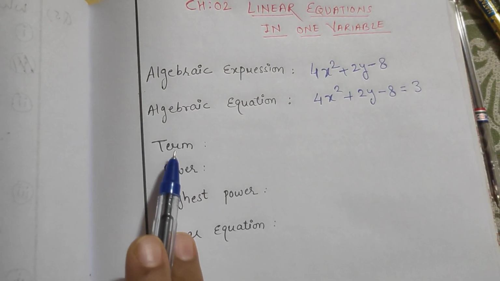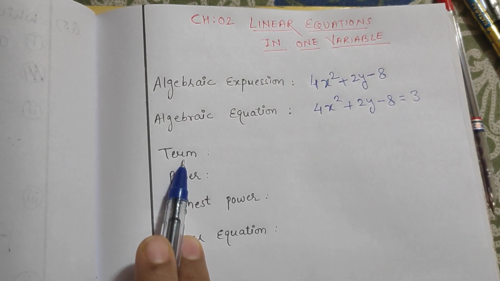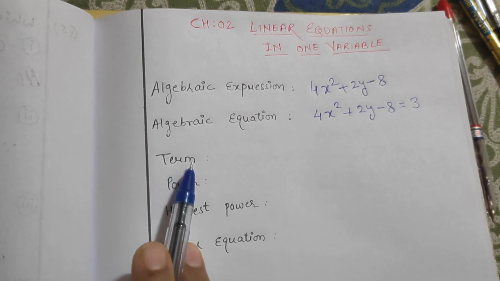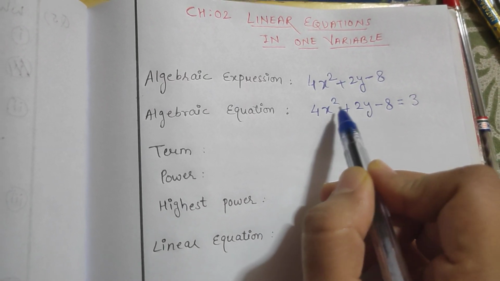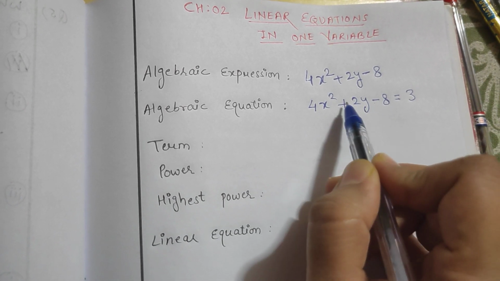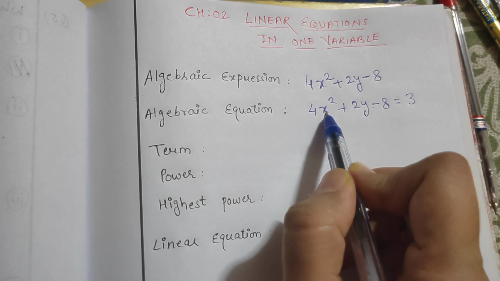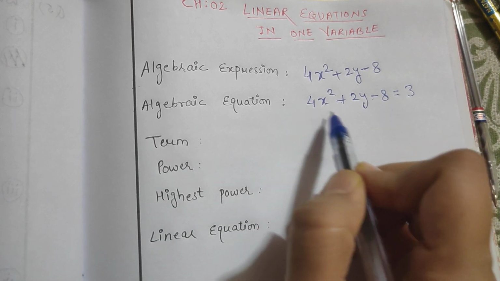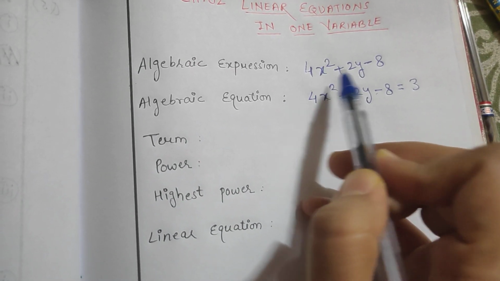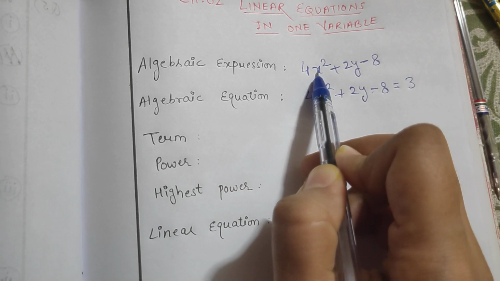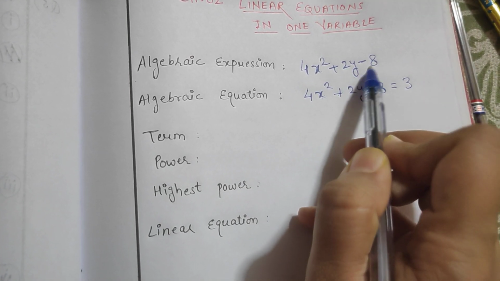Now you may have a doubt about term. As I have already explained, a term is nothing but an individual part which, when combined with mathematical operations, forms terms. In this case, if we see this algebraic expression, it is made up of three terms: 4x square, 2y and minus 8.